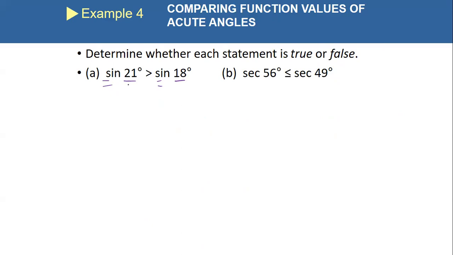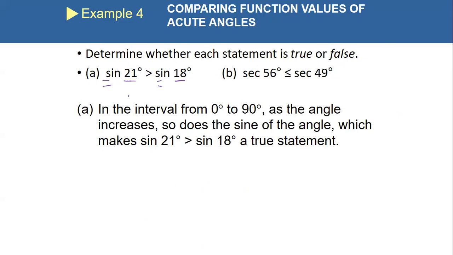My angle got bigger, so the sine is going to get bigger. Since 21 is bigger than 18, the sine of 21 is bigger than the sine of 18, because as the angle grows, your sine grows. Cosine does the opposite.